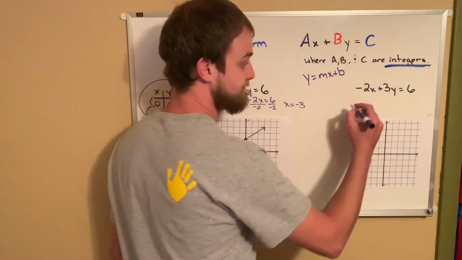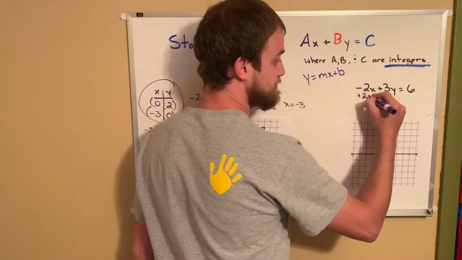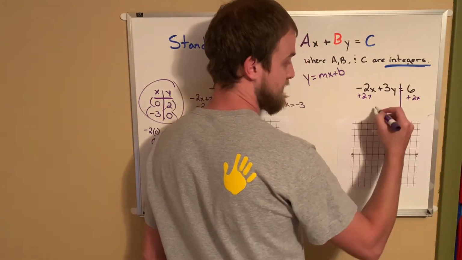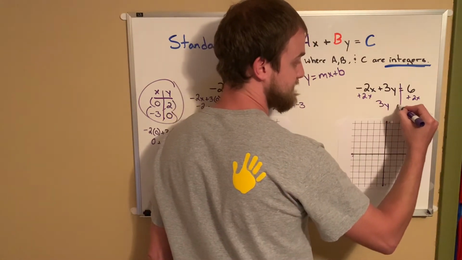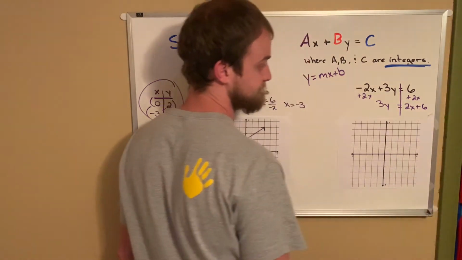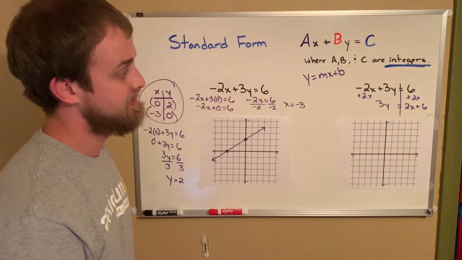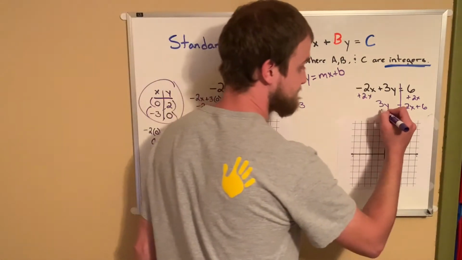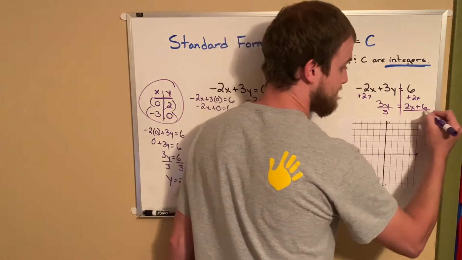Let's do it. We'd start by adding 2x to both sides of my equation, and I'd be left with 3y equals 2x plus 6. I'm only one step away from solving for y. We'll divide by 3 and divide by 3.